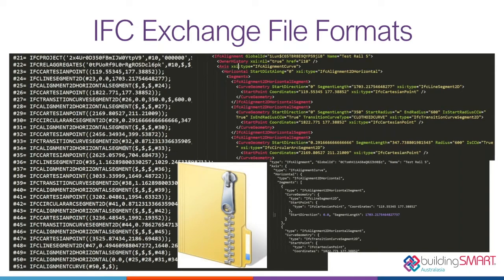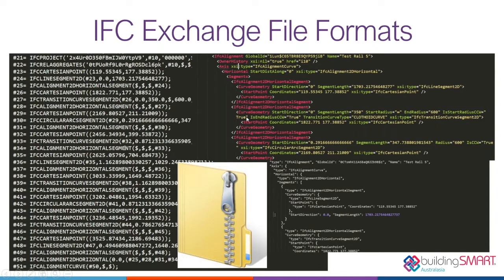Because it is text-based file storage with a lot of repetition, they compress extremely well. So if you're uploading a file that's hundreds of megabytes, you can save some of that pain by zipping it and even just naming it .ifczip, and many software will recognize that out of the box.